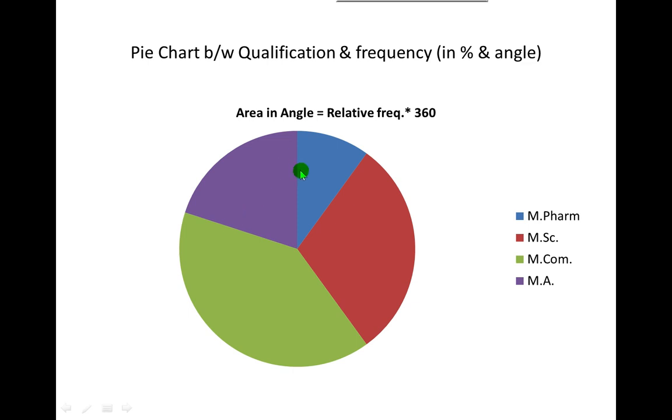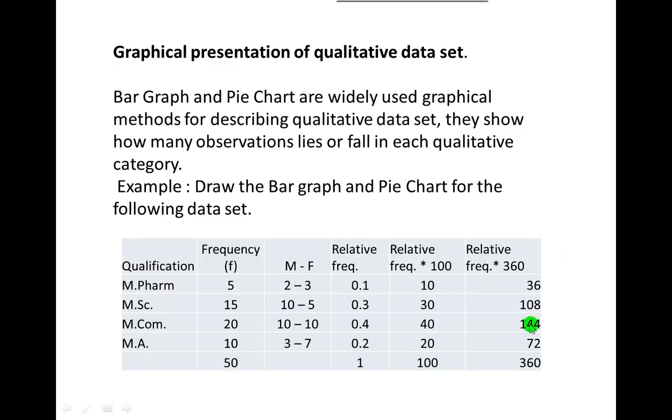But it is difficult to draw an arc of 108 degrees. So we add 36 and 108, which will be equal to 144, and start from the same 0 point and draw another arc of 144 degrees. This area will represent 108, and this is already 36 degrees. And then next is the 144.